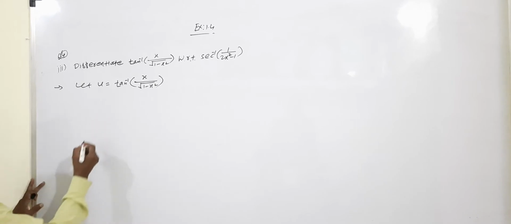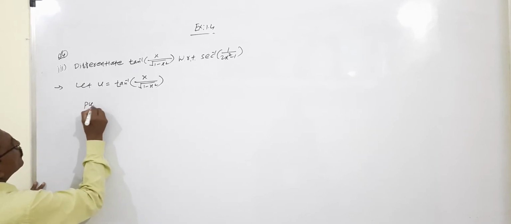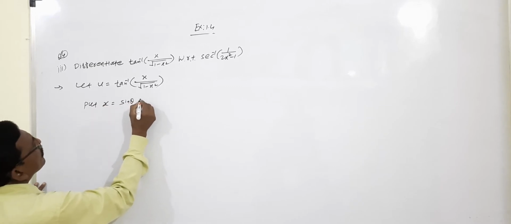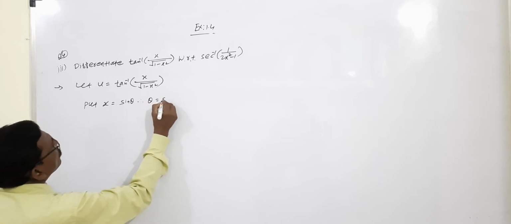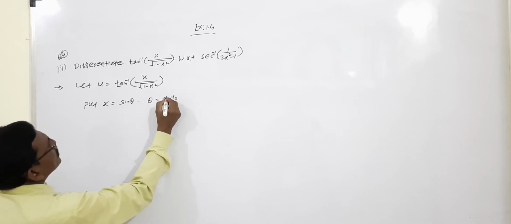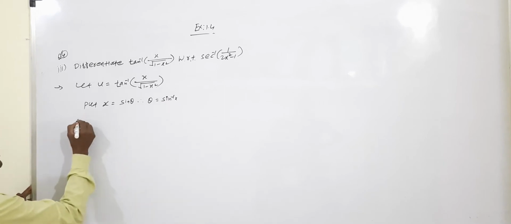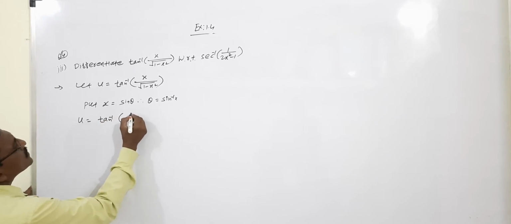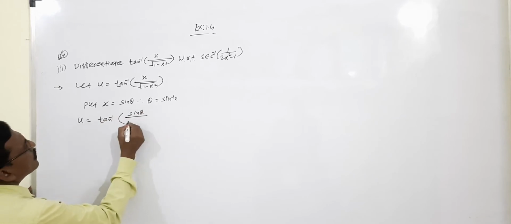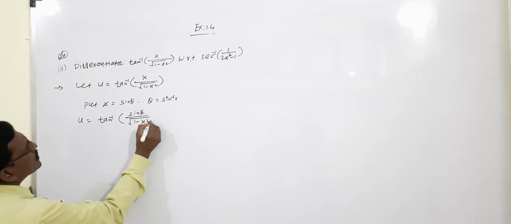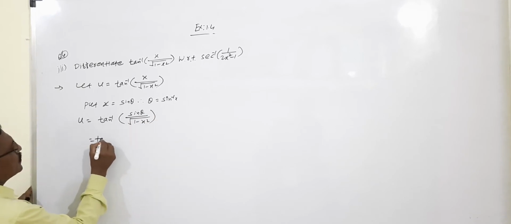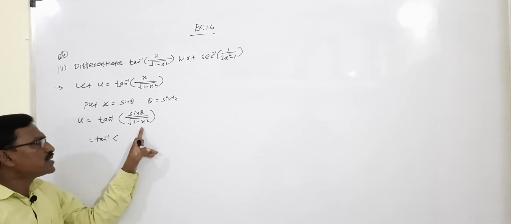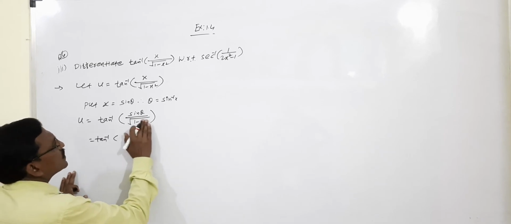Here we use the substitution method. Put x equal to sin theta, and therefore theta equals sin inverse of x. So our function u equals tan inverse of sin theta divided by root of 1 minus x square, where x square means sin square theta.